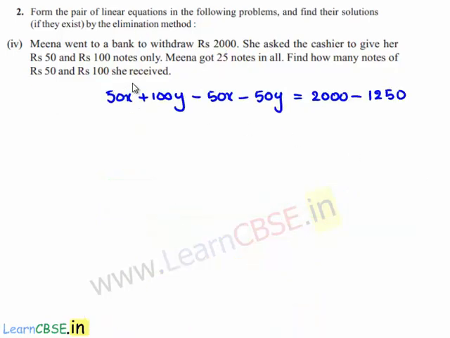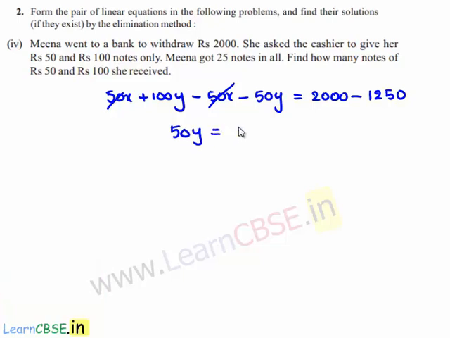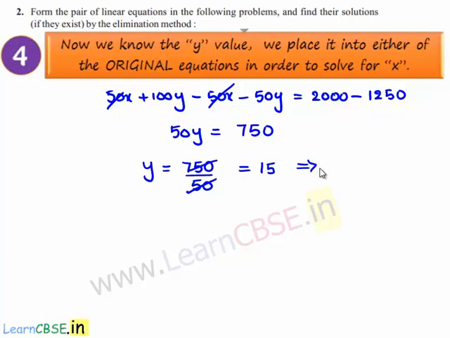Now 50x and minus 50x will be cancelled. 100y minus 50y is nothing but 50y, and 2000 minus 1250 is nothing but 750. So the value of y is equal to 750 divided by 50. So 50 goes in 750 as 15. So the value of y is 15.